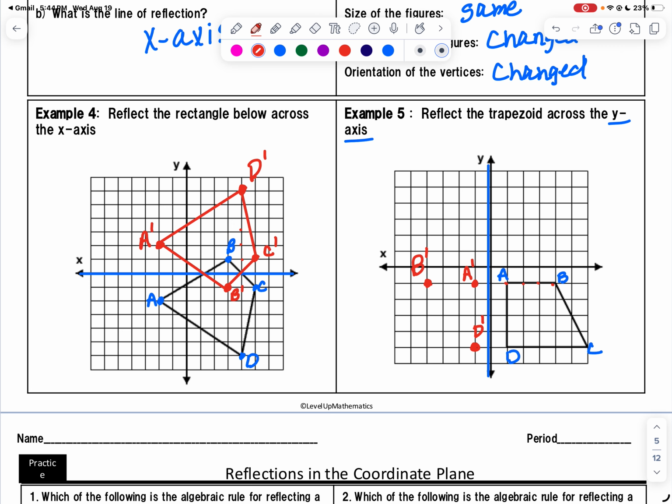And point C is 1, 2, 3, 4, 5, 6 to the right, so 1, 2, 3, 4, 5, 6 to the left. That's C prime. So let me connect these as straight as possible here. So there's our reflection across the y-axis. And that concludes today's lesson, Reflections in the Coordinate Plane.